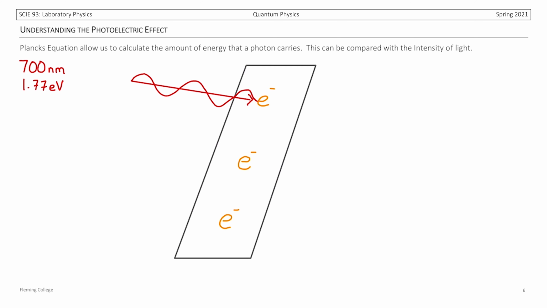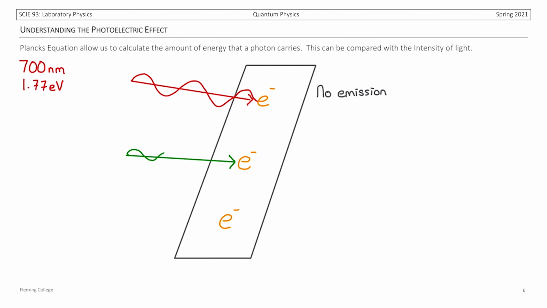And no matter what intensity, so what brightness we shine that light on the surface, we see no emission. And no matter how long we leave it shining on that surface, again, we still see no emitted photoelectron. Which is odd. We would think that we are constantly sending energy at the surface. Eventually, we should, in a classical sense, energize an electron enough to jump off the material.